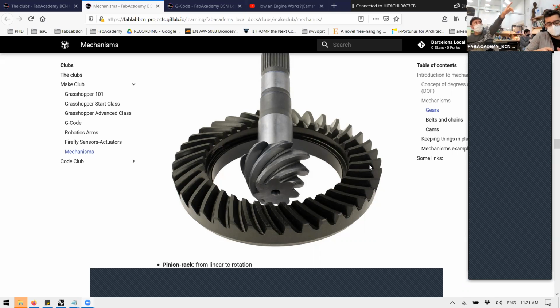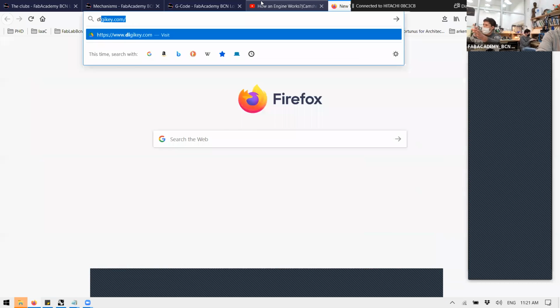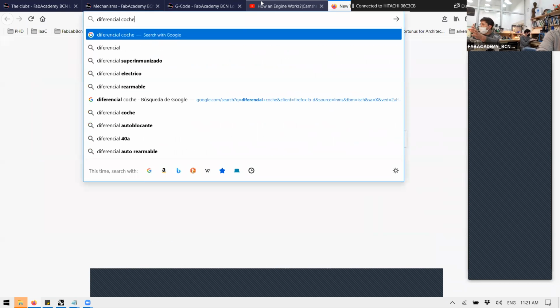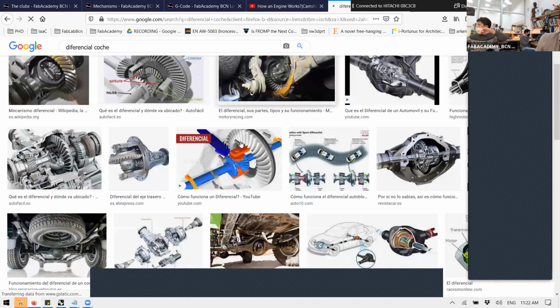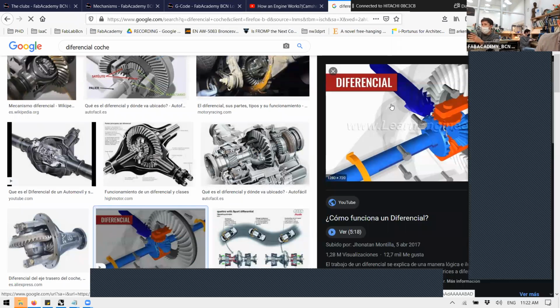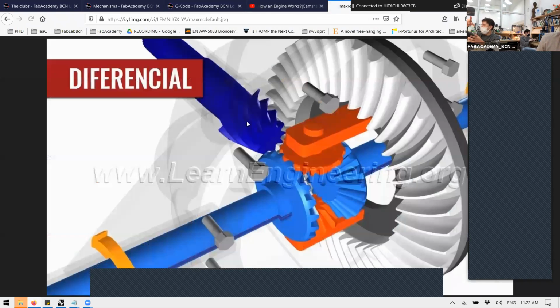But basically, if you have a rear traction car, that has the engine on the front and the traction wheels in the back, that type of mechanism is used to transfer the movement from the front to the back, so that the axis doesn't go inside of the cabin, because you can put the axis really low, almost touching the floor, and it doesn't have to go inside.